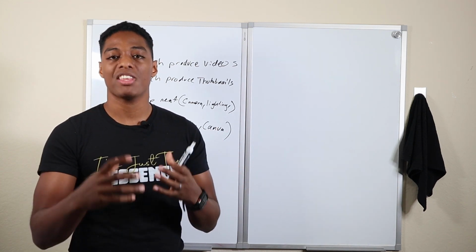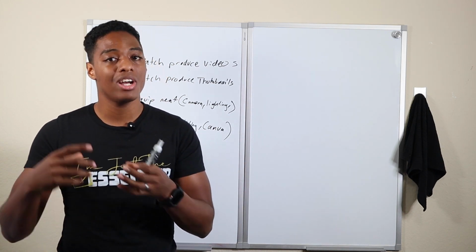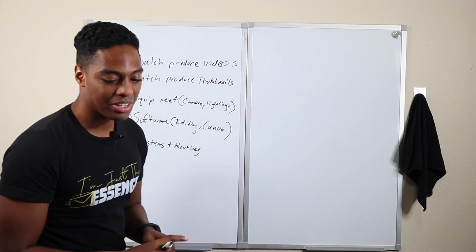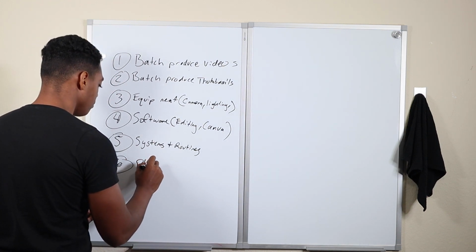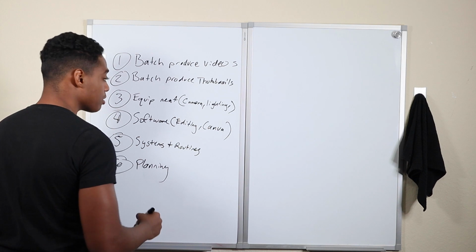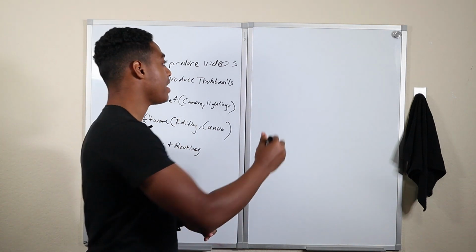So making sure that you have systems and routines in place in order to make this flow seamlessly. You have to figure that routine out. So number 6 is planning. Ultimately, just planning ahead, making sure that you know what you're going to do in advance.